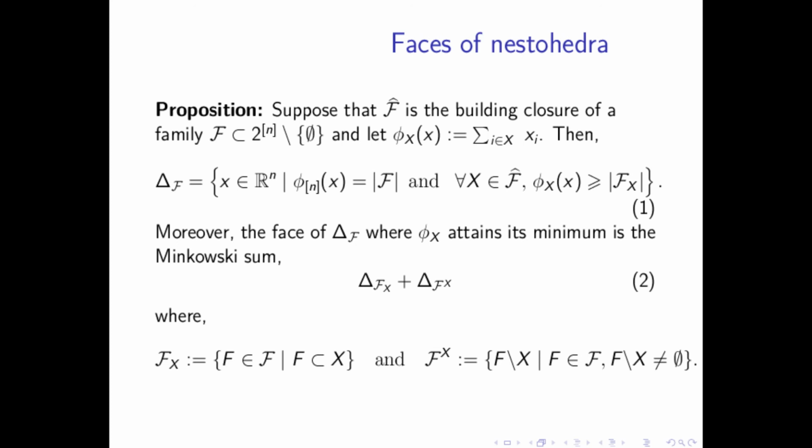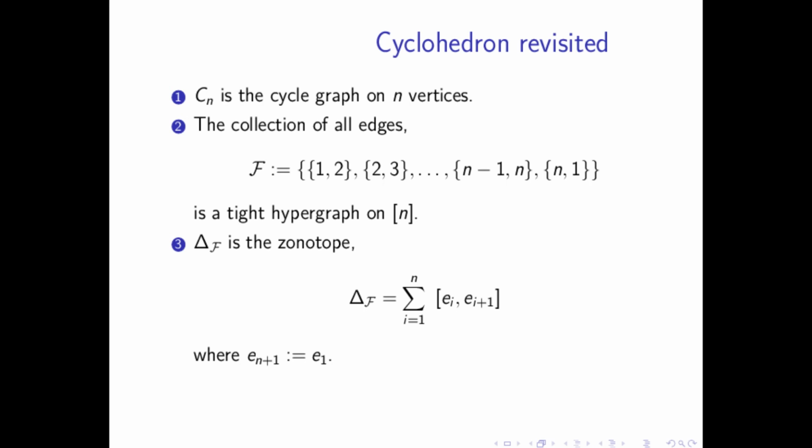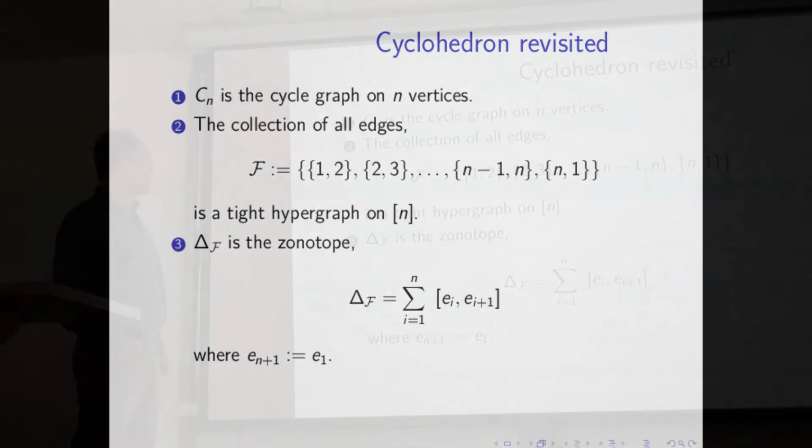By the way, I have 15 more minutes, so I'll speed up a little. I'm just saying that this general theory, with introduction of the new concept, so-called tight hypergraphs, which I will not explain now, leads to the following observation.